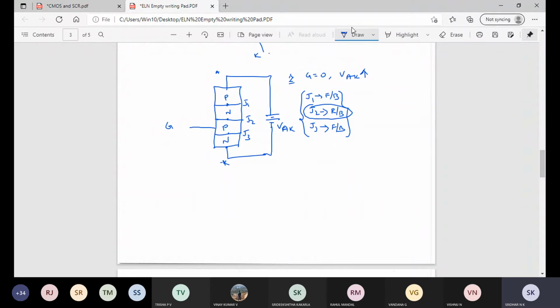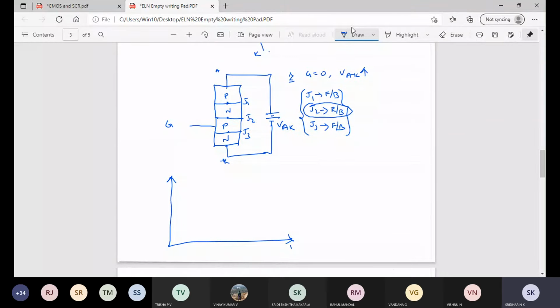So I'll represent that leakage current something like this. This is VAK, that is in volts, and this is IF, that is forward current in milliamps. If I increase VAK in steps, a small leakage current will flow.